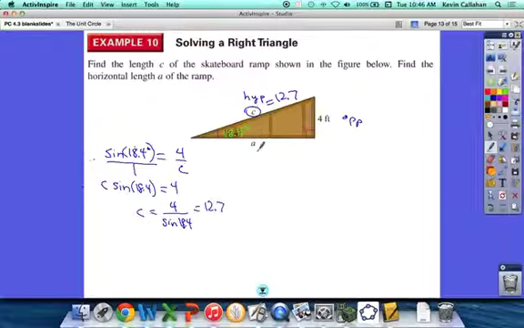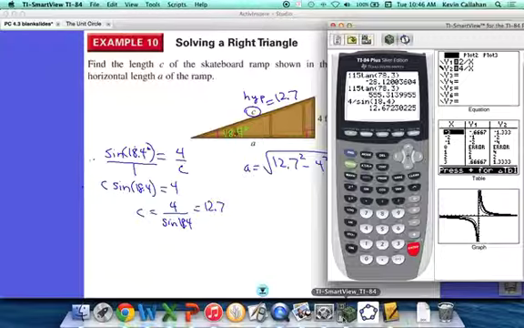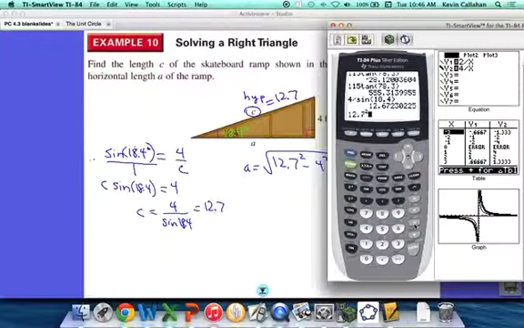That wasn't really part of the problem, but A equals the square root of 12.7 squared plus 4 squared. Oops, that was wrong. Minus. 12.1.